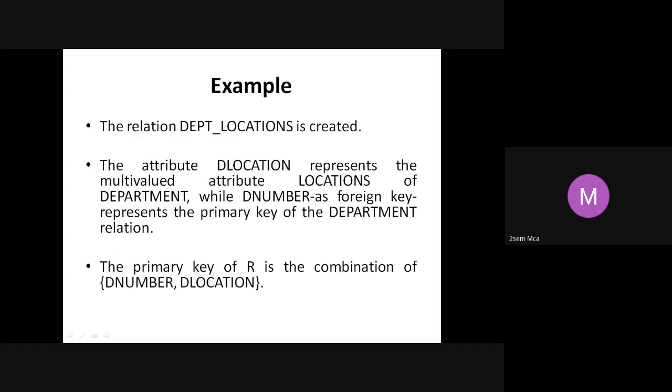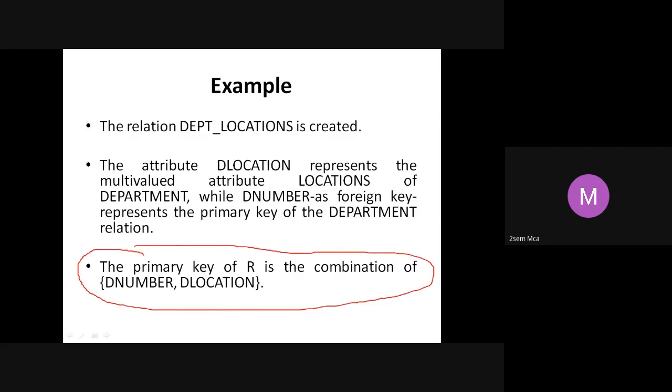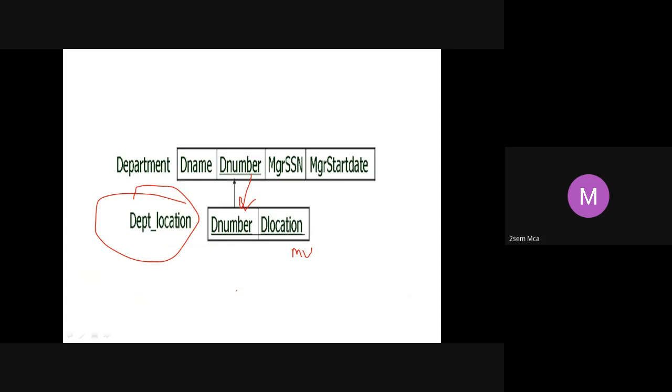So D-location represents the multi-valued attribute here. What you should do is create a new table by including the primary key of department and that particular attribute. Can you give me another example that we have done in our lab exercise, any of you?